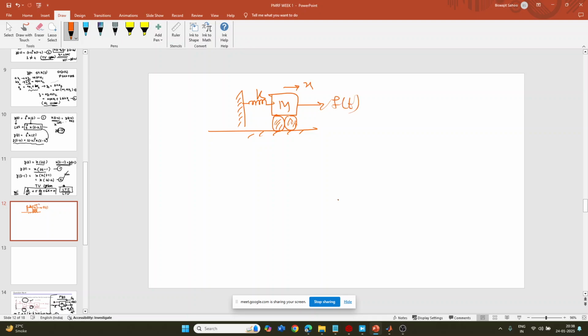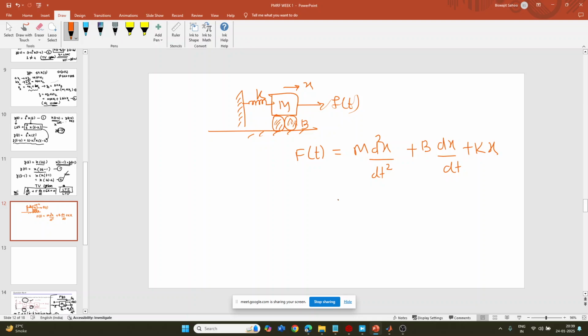For this simple system, F(t) is nothing but mass into d²x/dt², plus, because of the friction force B, B dx/dt, plus Kx. This is a very common equation. We have already read it in physics. It is a very popular equation for a free body diagram.